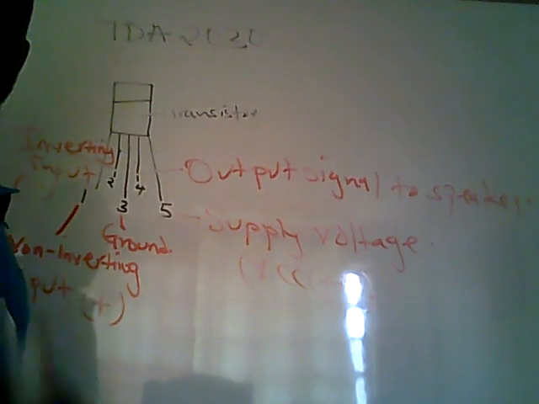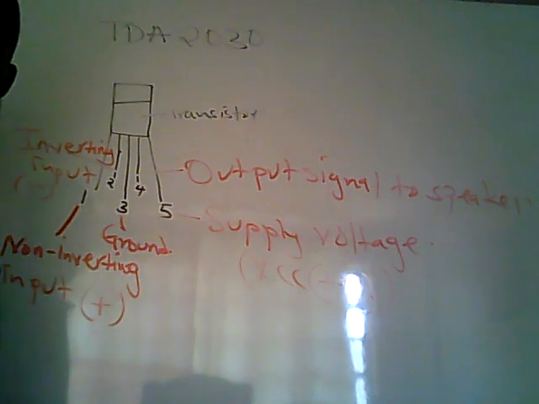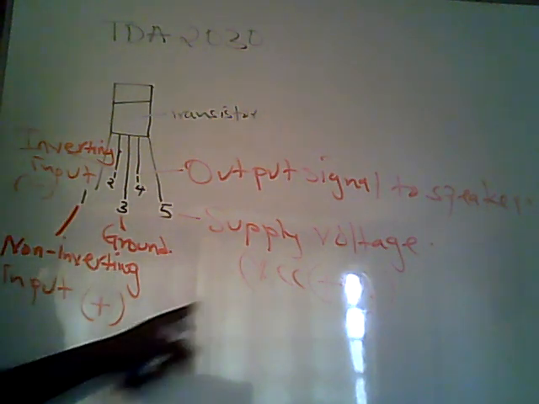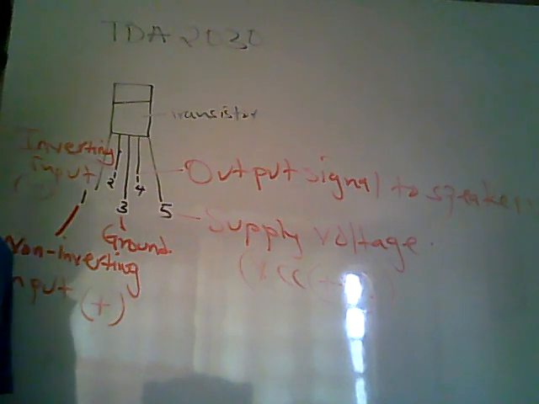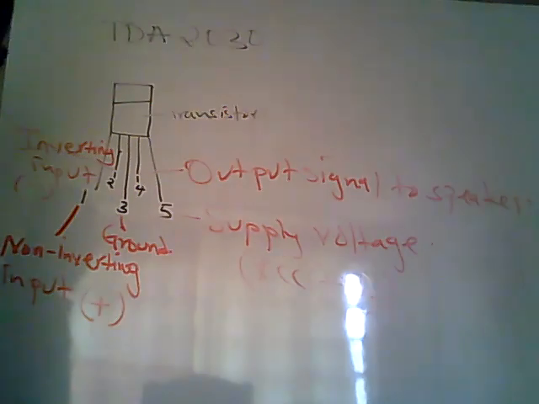It inputs VCC voltage to the IC. So together with pin 3, that is the ground, they are always working together. That is how the transistor works.